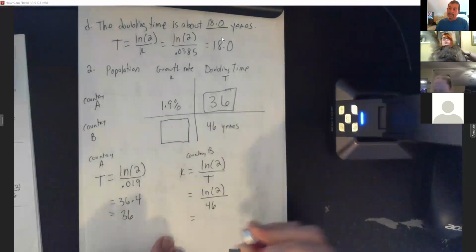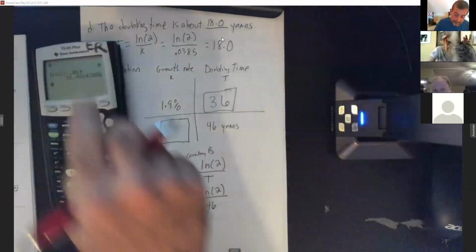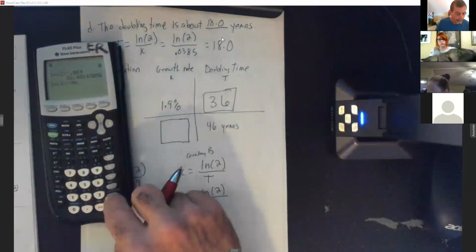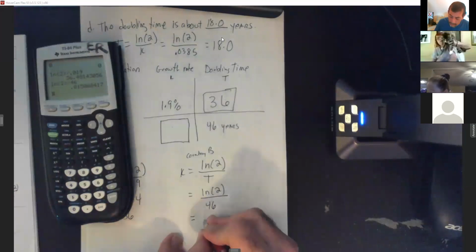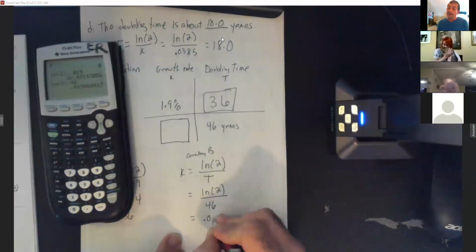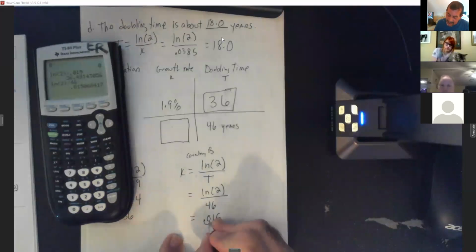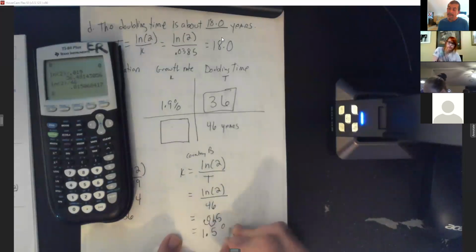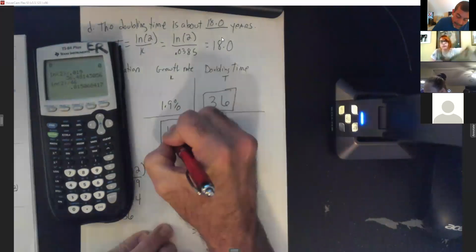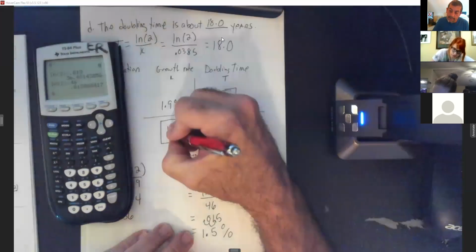So we'll have the ln of 2 divided by 46. So you get 0.015, but remember, we got to turn the decimal back into a percent by moving that decimal to the right 2 places. So I get 1.5%. Now you just got to put in 1.5. They will have the little percent sign there already.